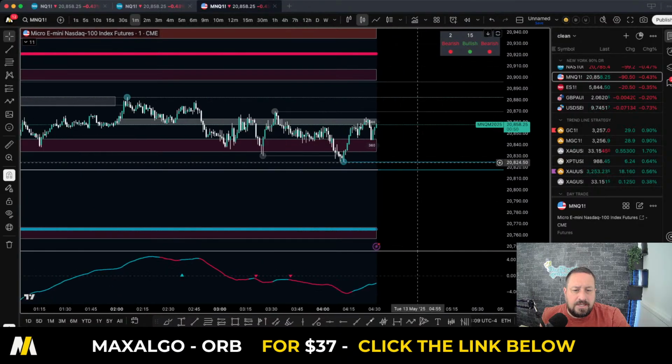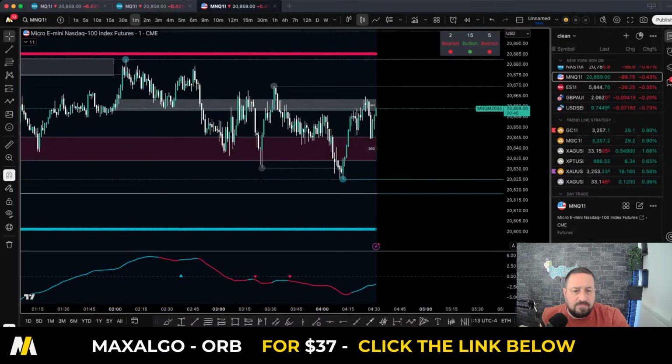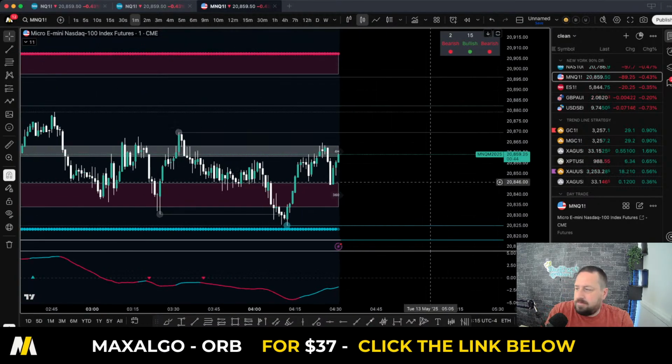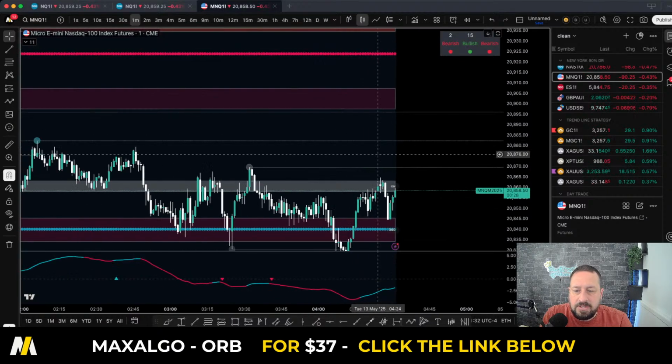It'd be good to see it get above the 4 hour and that area where we've been rejecting from, potentially can step in. Or I'm looking for us to get close above, tap back in, and then maybe a trade between these two zones.